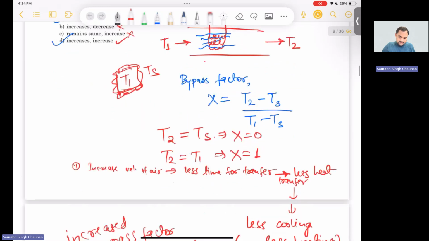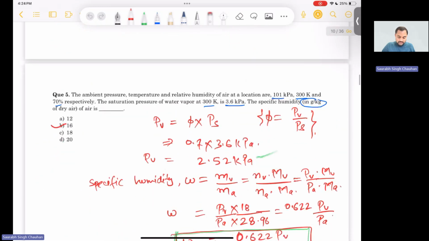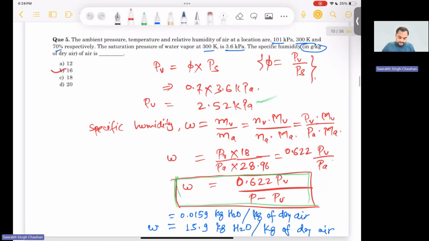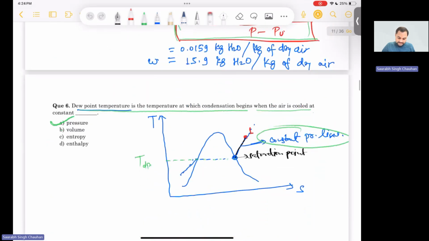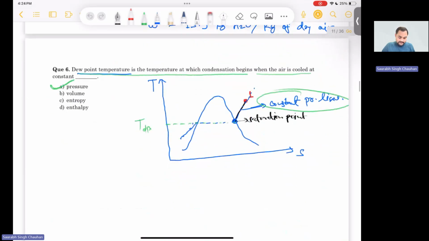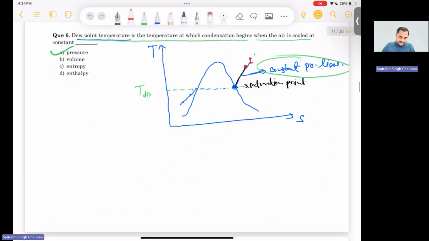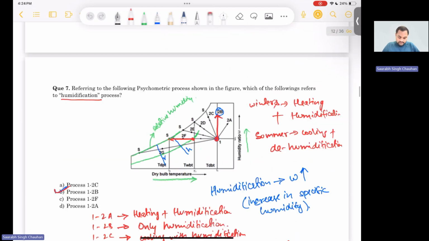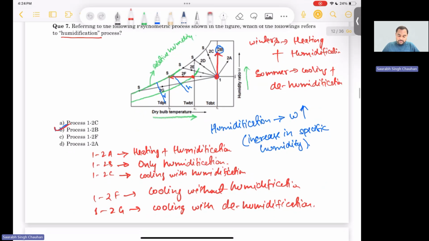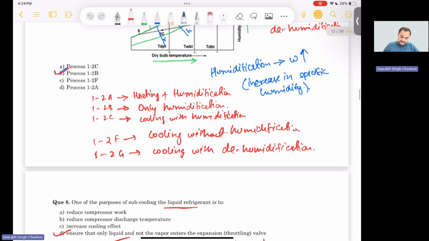We discussed what is bypass factor, how it is dependent on velocity of air. We solved some questions related to specific humidity and partial pressures. We discussed that dew point temperature is the temperature at which condensation begins when the air is cooled at constant pressure. We discussed how to use the psychrometric chart and how various processes can be plotted on this chart.